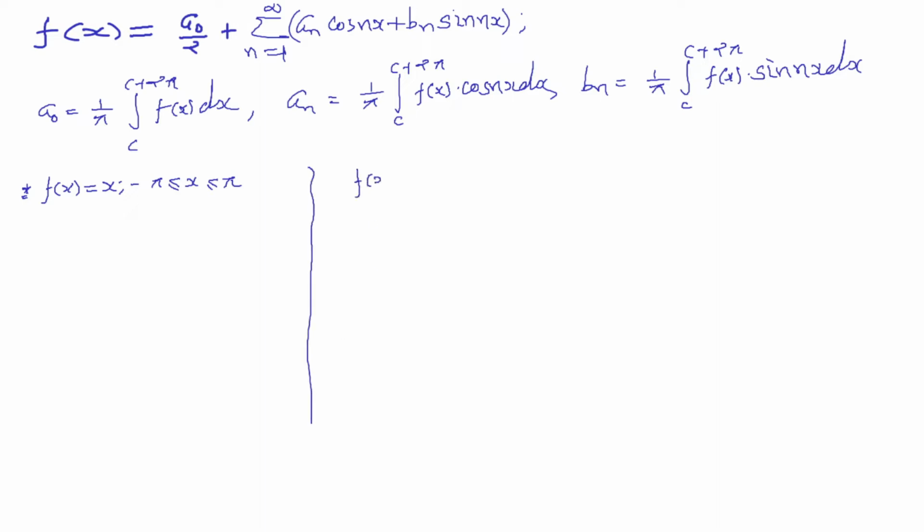Then in another example we have f of x is equal to x square, again say minus pi less than or equal to x less than or equal to pi. This is the second example. And the third one, f of x is equal to x square, say 0 less than or equal to x less than or equal to 2 pi. Just try to understand the concept of what I am going to explain.